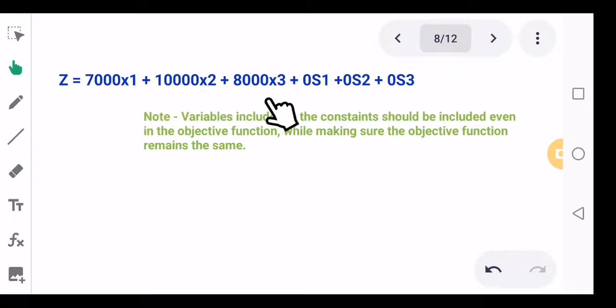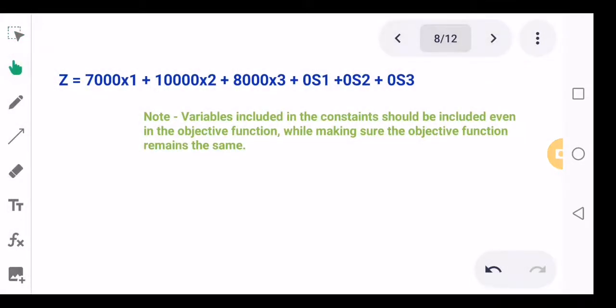For solving using this particular method, it is essential that all the variables in the constraints are part of the objective function, and hence we have added 0s1, 0s2, 0s3. But what you need to keep in mind is that this has not changed the objective function at all. It has just remained the same.